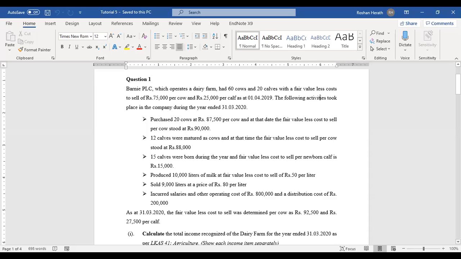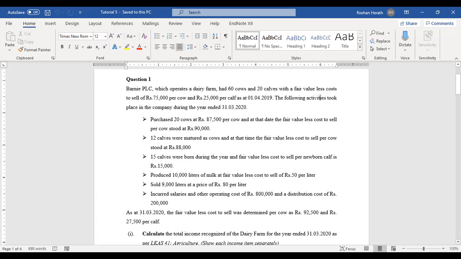The following activities took place in the company during the year ended 31st March 2020. So it's a kind of dairy farm, necessarily an agricultural activity. It's the management of the biological asset, the biological transformation. So hence it's agricultural activity.